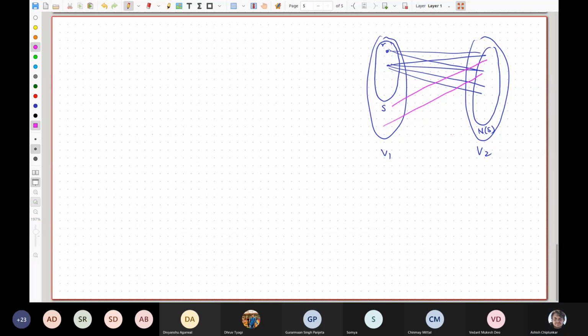So for that matter, if I take any S subset of V1 which satisfies this property, that S contains the partners of everybody in the neighborhood of S, that set is guaranteed to have size strictly larger than the neighborhood, assuming it includes some unmatched vertex also.